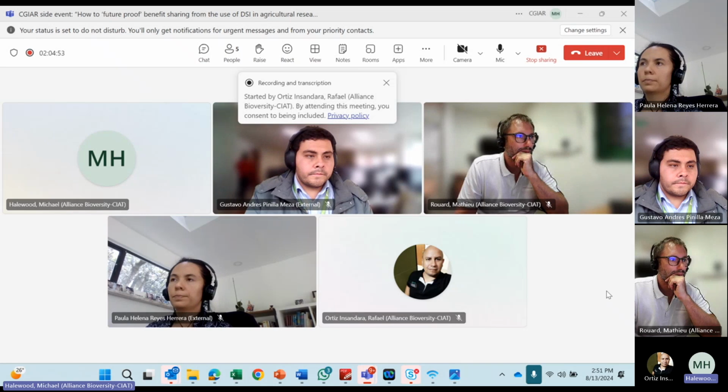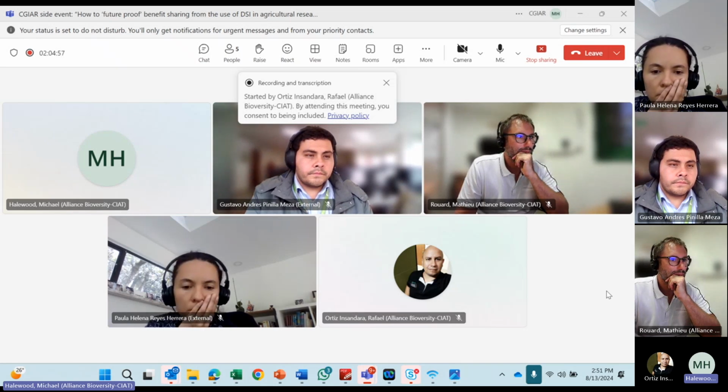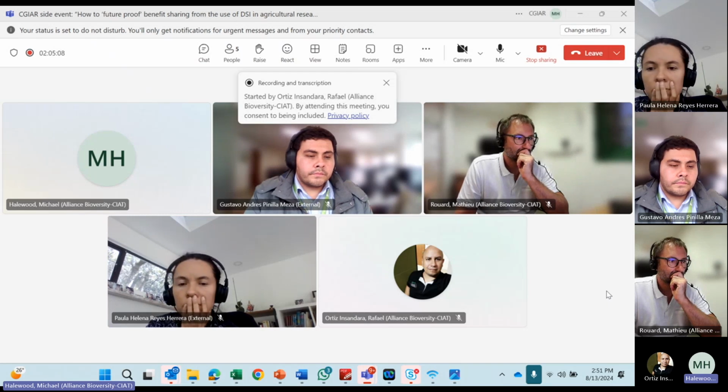For example, we have genotypic information for almost a whole gene bank, but other researchers can do whole genome sequencing or other technologies. So maybe they don't want a seed, they want DNA, or they just want the data.